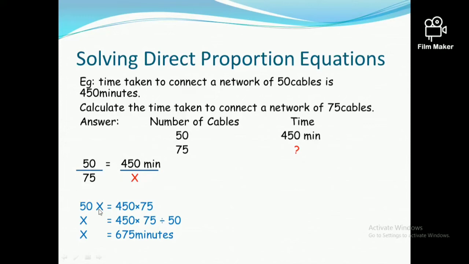Then if you want to get x, you have to bring this 50 to the other side, turning it into divide by 50. So your answer is 450 into 75 divided by 50. You receive the answer as 675 minutes. That means to connect 75 cables, you need 675 minutes.